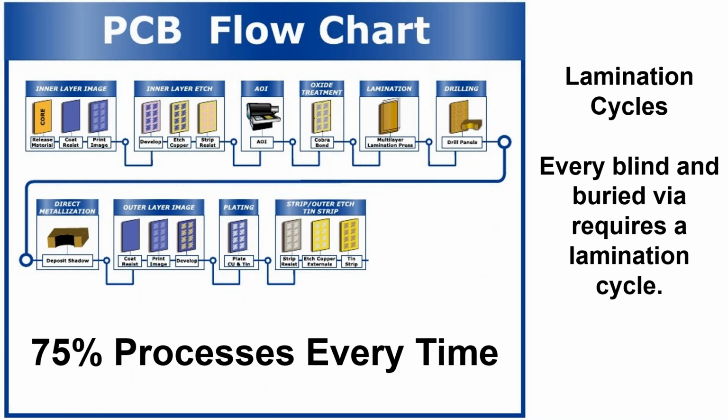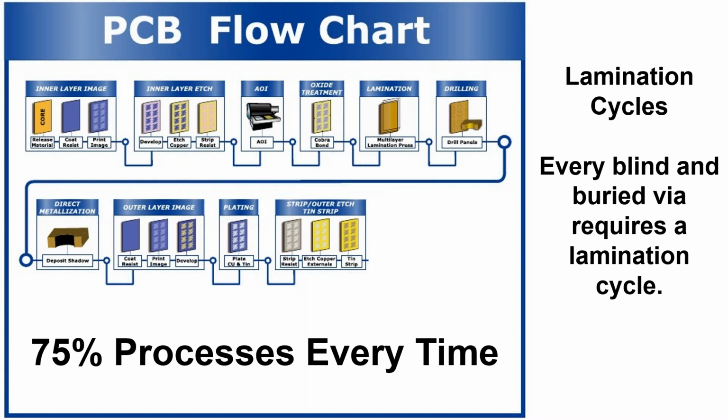So basically, if you've got a printed circuit board that's got 3 lamination cycles, it's got to go through the entire board making process, 75% of the process, 3 times, right?